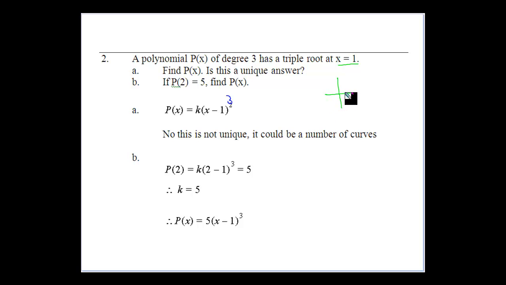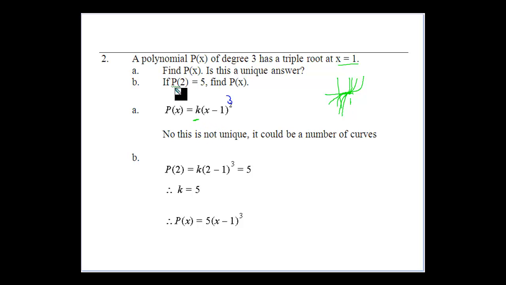So going through 1 there, you could have one that looks like that, but depending on the leading coefficient, you can have a whole range of graphs that go through 1 and have a triple root there. So remember, when we get a triple root, it's going to have a horizontal point of inflection there. So really, it's not unique, because we can have a number of curves. There can be any number.